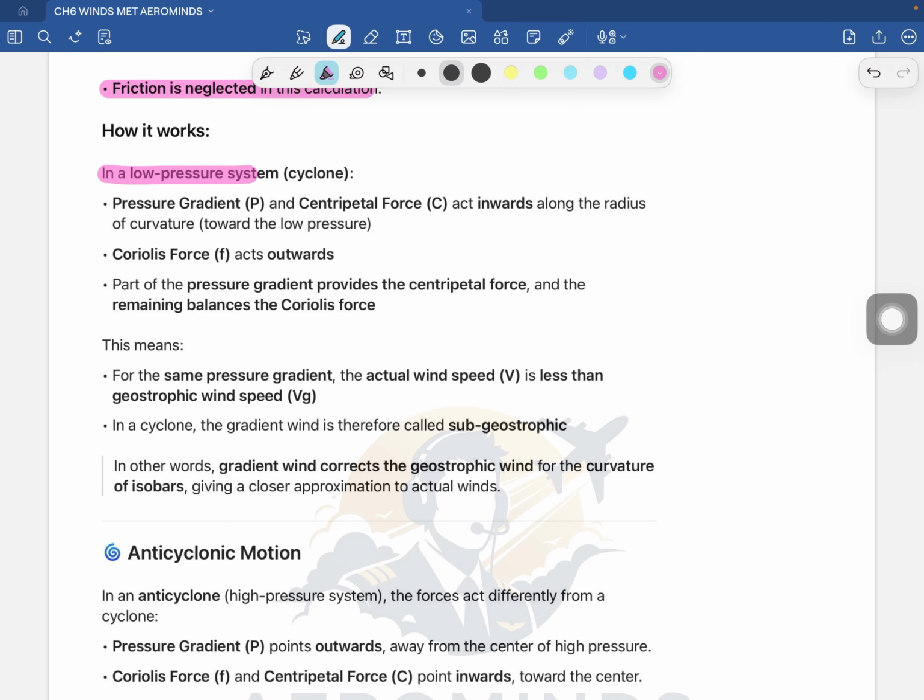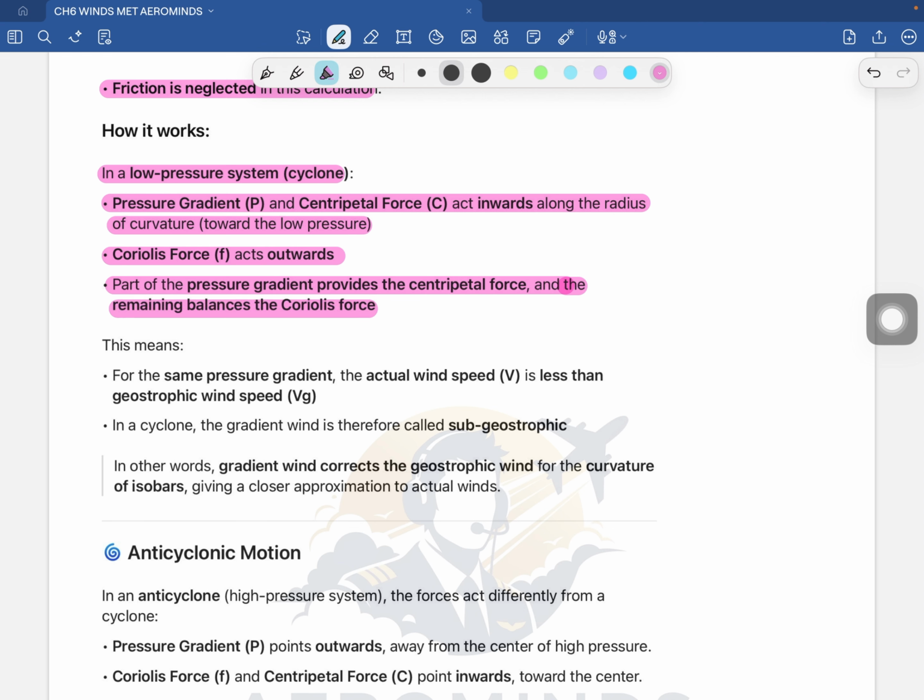In a low pressure system, which is a cyclone, the pressure gradient force and the centripetal force are acting inwards along the radius of curvature towards the low pressure area, and the Coriolis force is acting outwards. A part of the pressure gradient provides the centripetal force, and the remaining balances the Coriolis force.